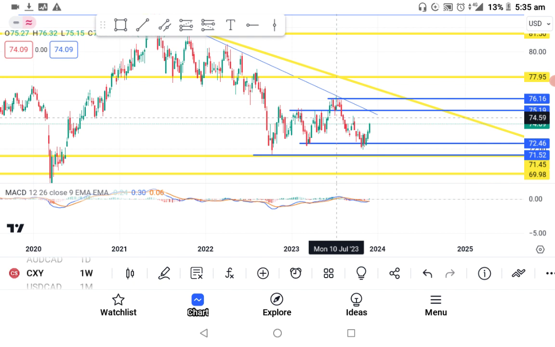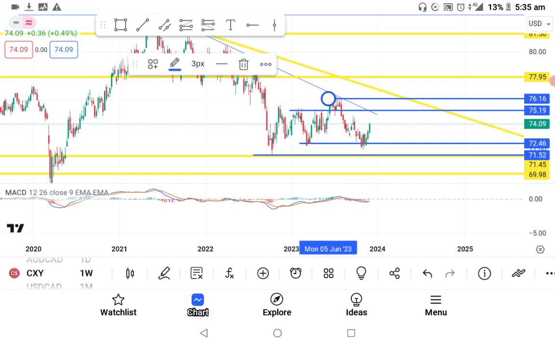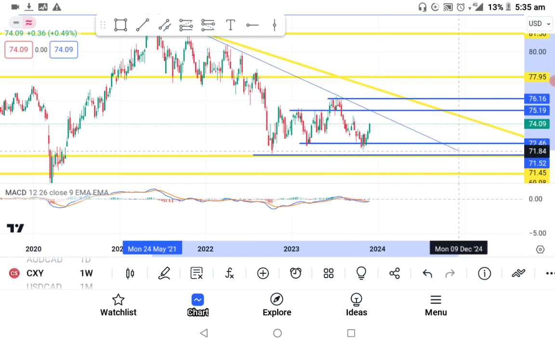Since it hasn't crossed above this blue line, which represents the trend line, we are still under this line. I should draw the line properly so you can see. Yep, should do.